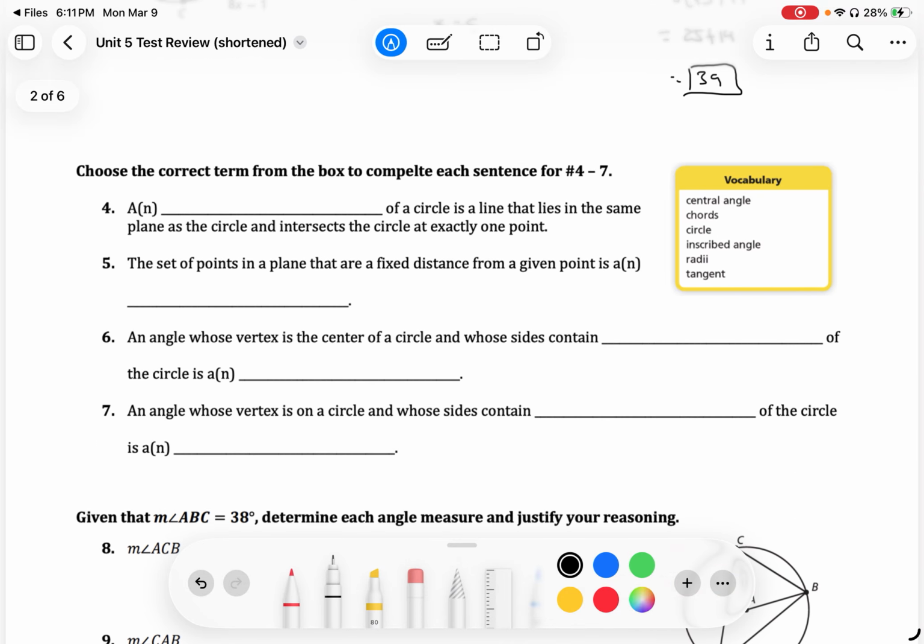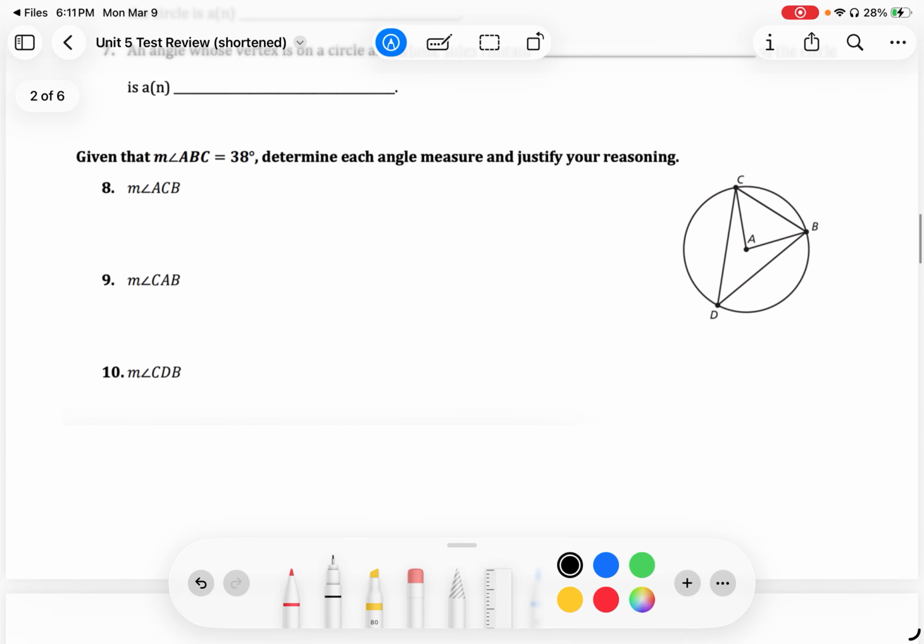Okay, we got some vocab here, which I'm going to let you complete because you can always just look in your textbook. Okay, given that the measure of angle ABC is 38 degrees, determine each angle measure and justify your reasoning. ACB.